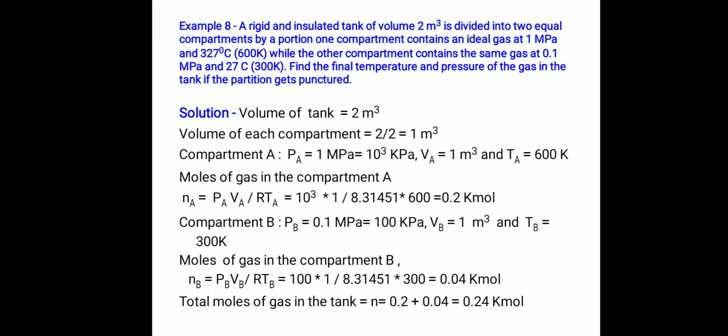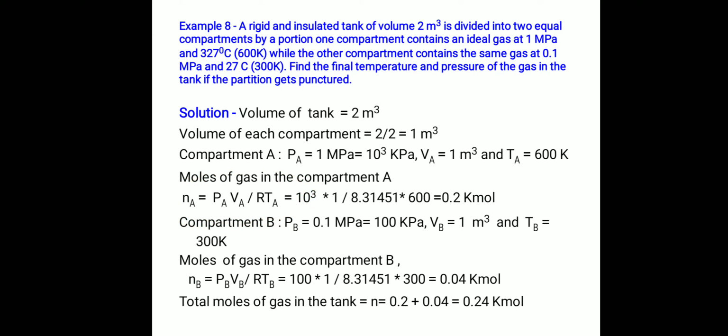Now we know that it is an ideal gas, so we can apply the ideal gas law, that is PV equal to nRT. For compartment A, we can apply this ideal gas law, that is PAVA equal to NA R TA, and rearranging this equation, NA equal to PAVA upon R TA.